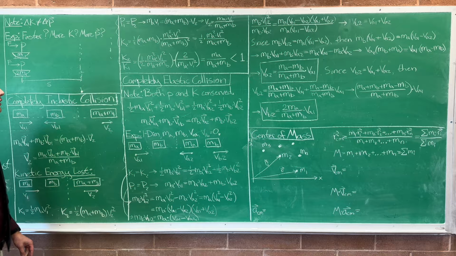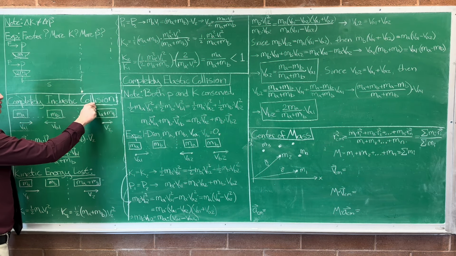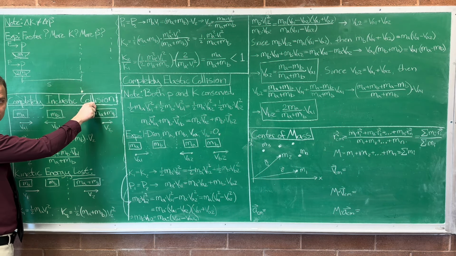We're going to have completely inelastic collisions. We're going to have completely elastic collisions, sometimes just called elastic collisions. I think that's what the author actually calls it. But you'll hear it both ways. And then we're going to have what are just called inelastic collisions.